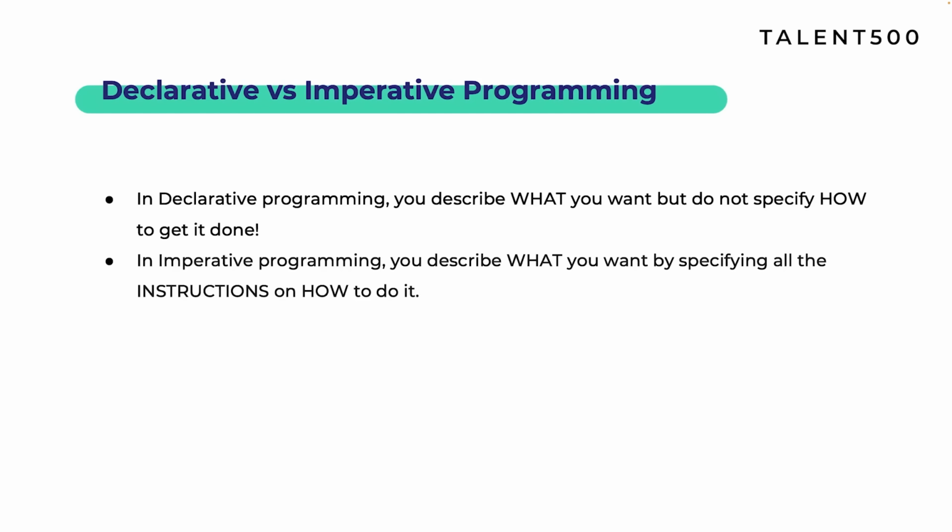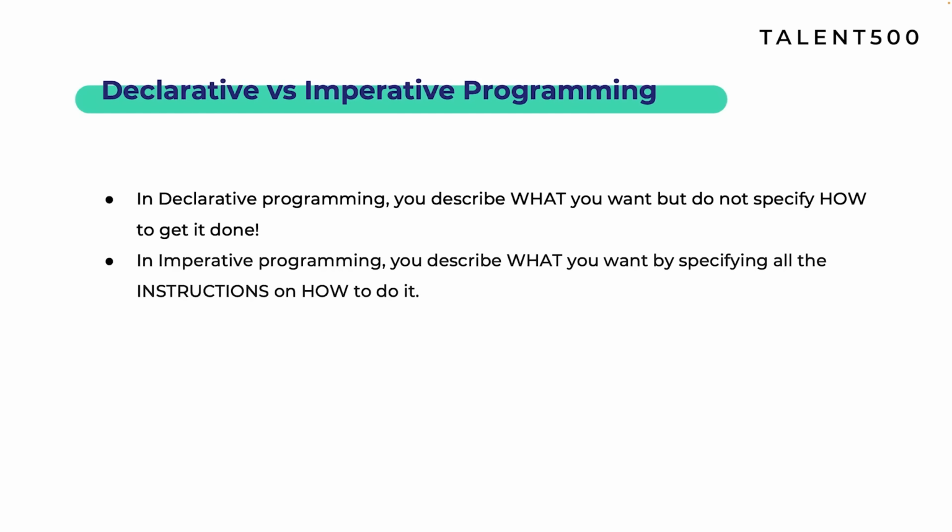You provide the instructions as well. So this is the biggest difference. In declarative, you just say what is to be done and it is done for you. You don't get into the underlying details. But in imperative, you tell what needs to be done and you also say how it needs to be done.